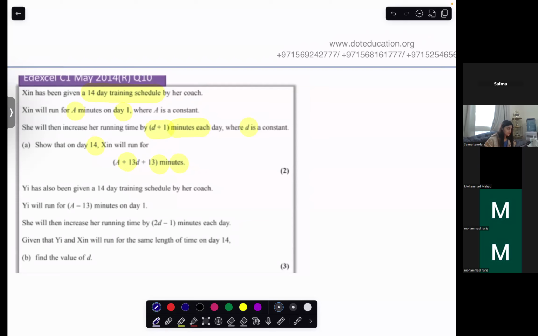Because they've said that she's going to be increasing her running time by a constant, which is D plus 1. Lovely. So she's going to increase by a constant that is D plus 1. So my n would be 14, because it's a 14-day training schedule.